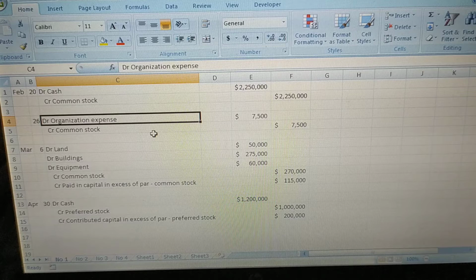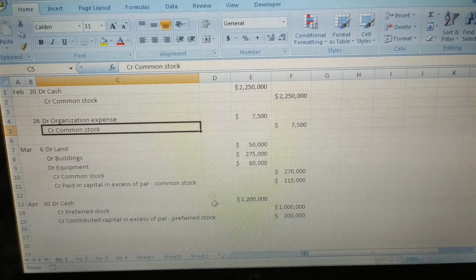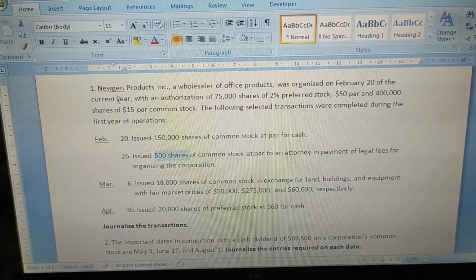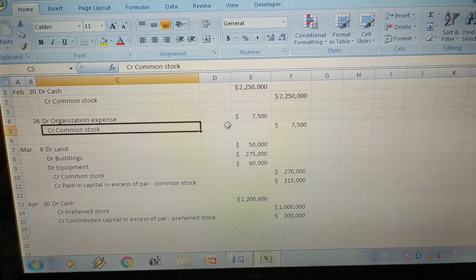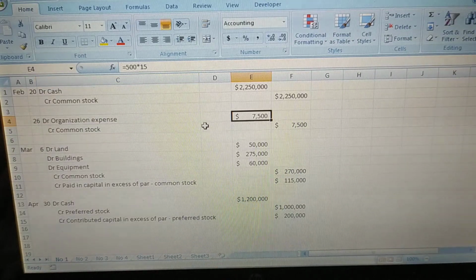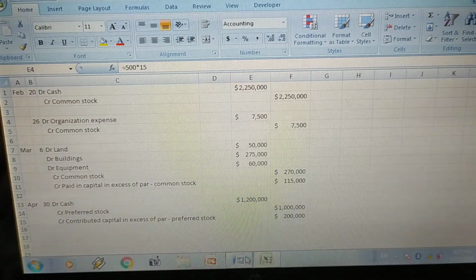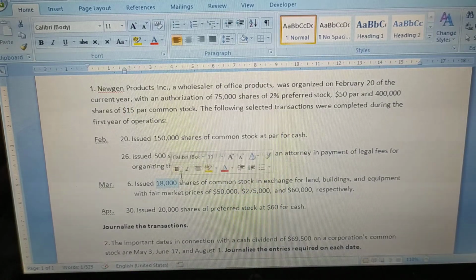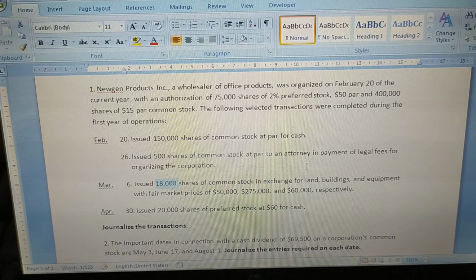So we debit organization expense, we credit common stock. So 500 shares times $15, we get $7,500.